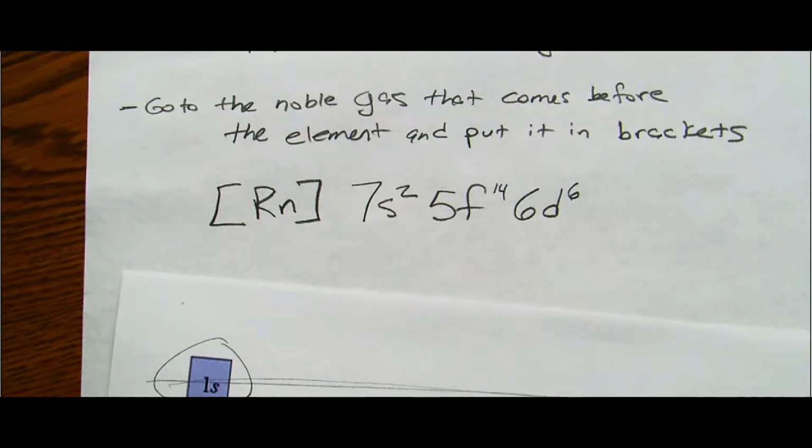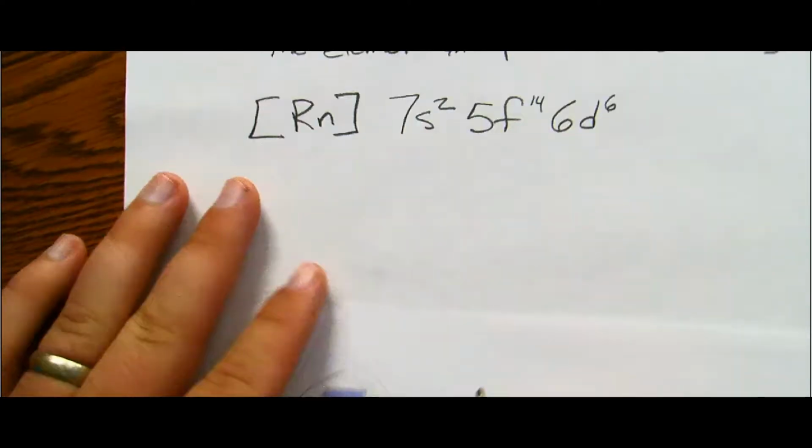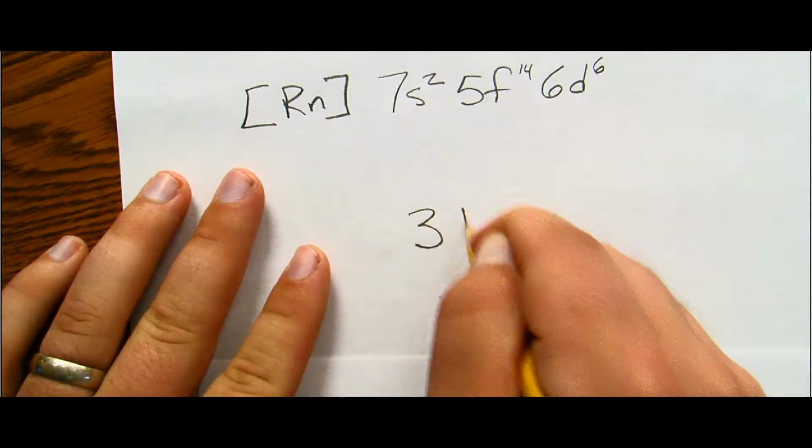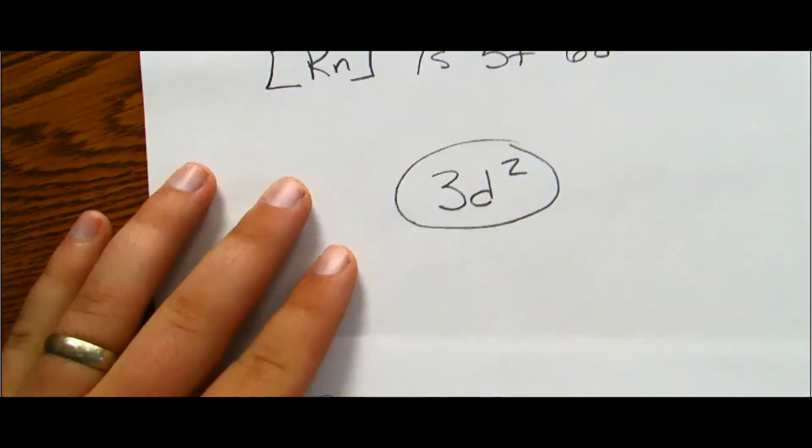But do you think we can get one step easier? I love getting easy, right? We like easy, right? What if I told you what element is 3d2? Can anybody tell me what element is 3d2?